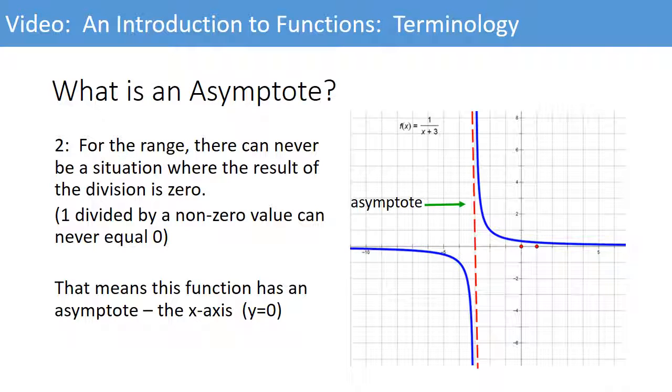The value for this asymptote would be y equal to 0. Written as the set of y such that y is an element of the real numbers, y cannot equal 0. Here it's shown in the graph.